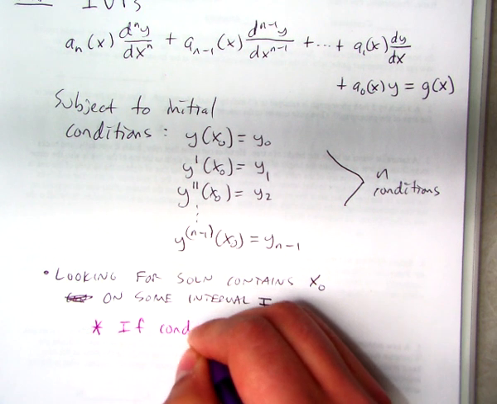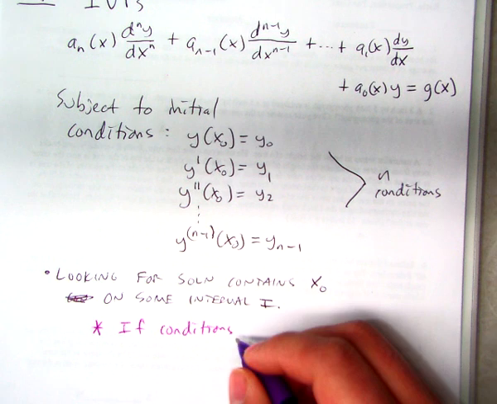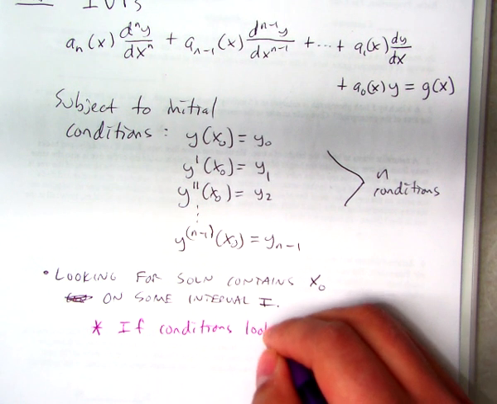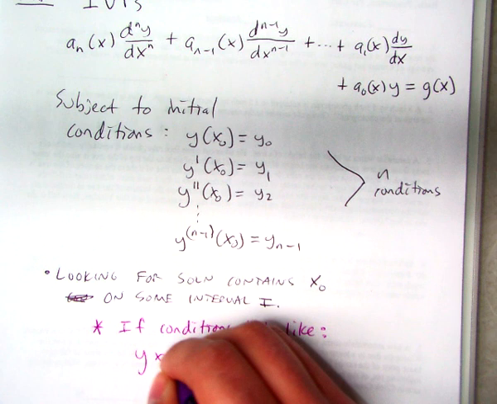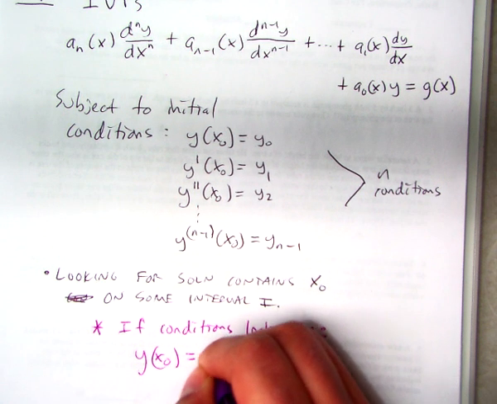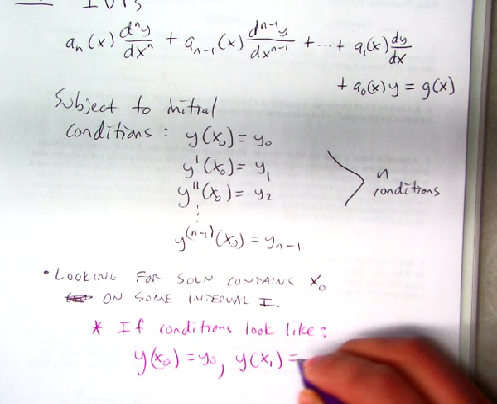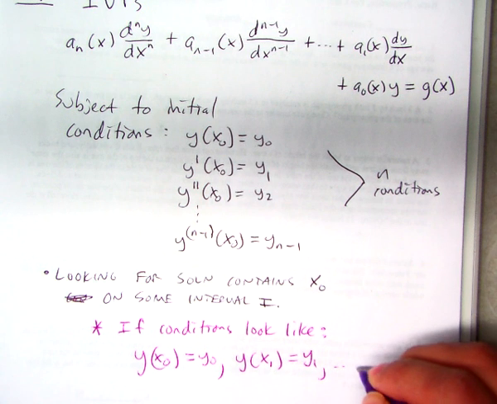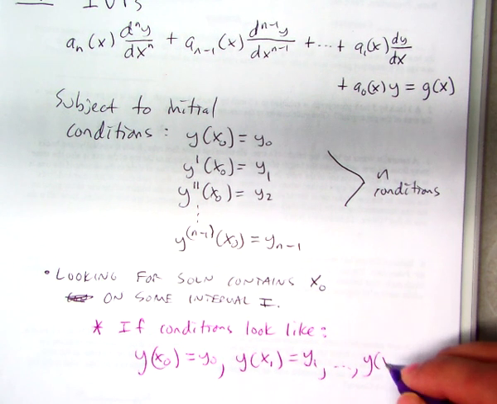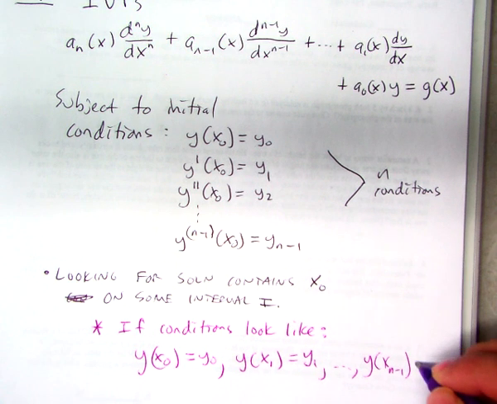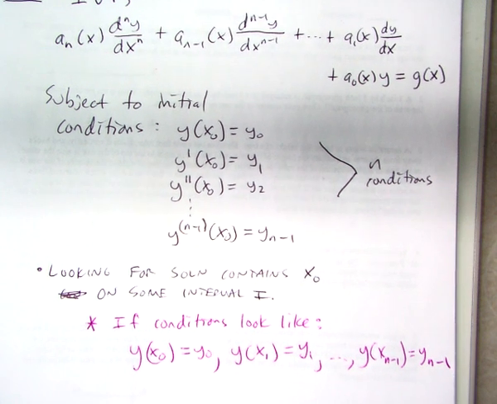If the conditions look a little different, so if the conditions, instead of the ones that we listed up here, look something like this, y of x naught equals y naught, y of x1 equals y1, and so on, down to y of x sub n minus 1 equals y sub n minus 1.